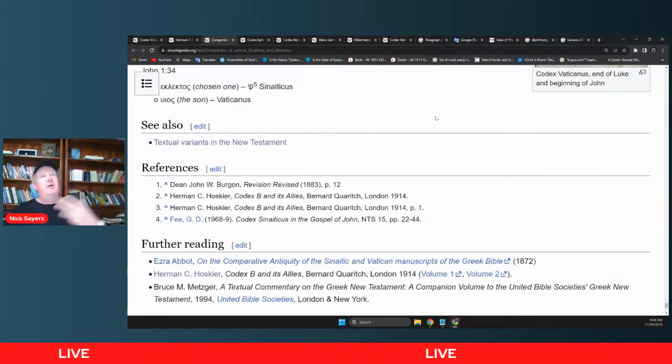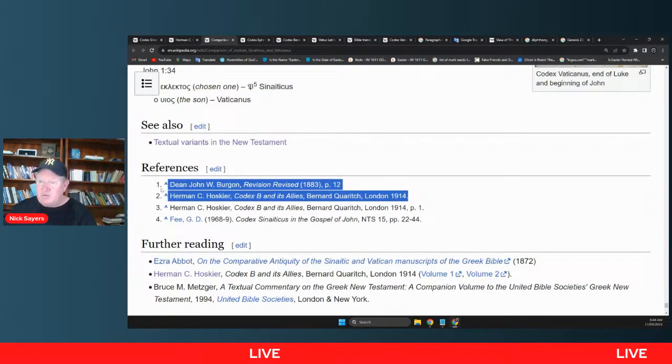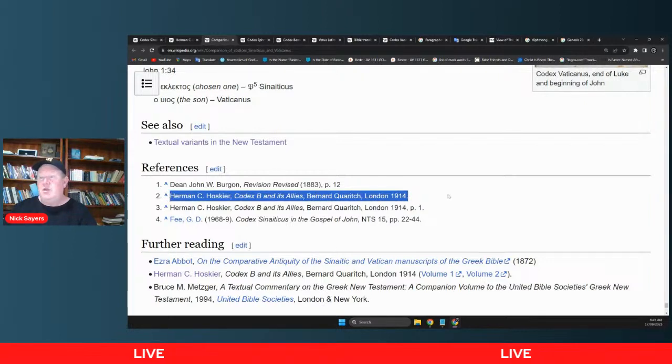They can point out some truths in the Bible, but there's baggage. And so Dean John William Burgon had baggage, and he pointed out a whole bunch of mistakes in the Textus Receptus. As I said, Herman Hoskia, he was visiting spirit mediums to find out the provenance of certain manuscripts. Now, when we look at his book, Codex B and its Allies, brilliant stuff. It's really good stuff to go through and read through.